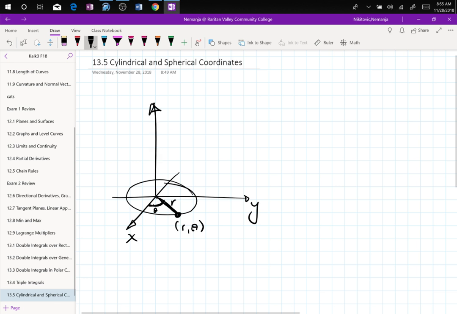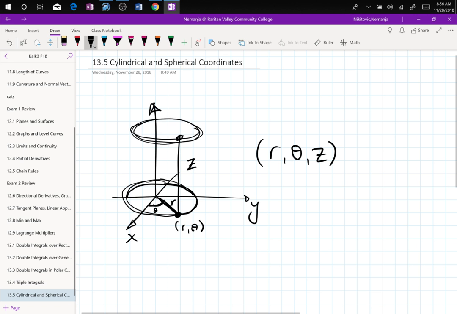But then I can raise that point z units up, and what I get is r theta z, known as cylindrical coordinates, because observe what would happen if the point on the circle were to travel around that circle. The one on the top would also create a circle and would make a cylinder, right?